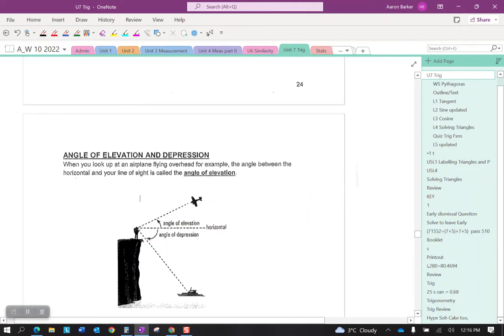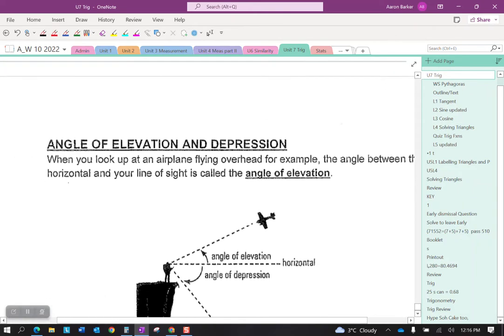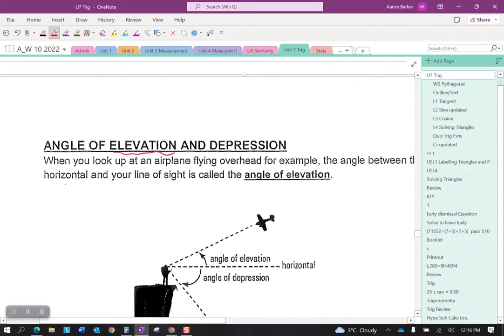So what we're looking at now, one step further, is we're going to have to label the triangle sometimes with the angle. We'll have to write it in the right location. And there's 2 locations. There's elevation and depression. With depression, when people are sad and they're depressed, what does their body language look like? They're usually looking where?